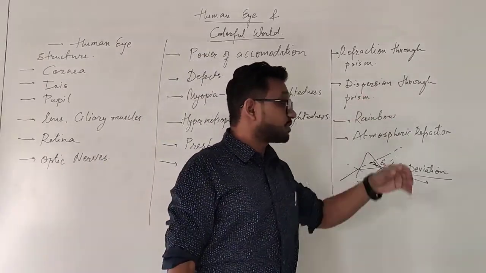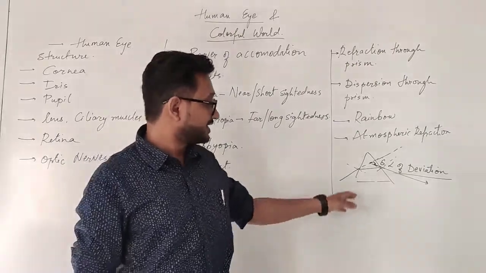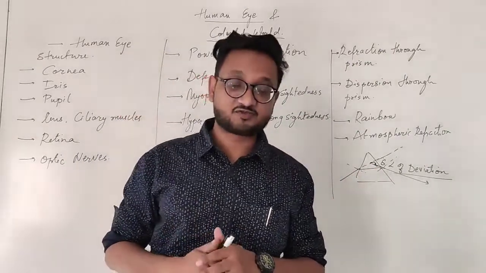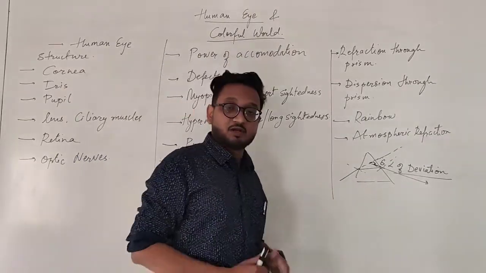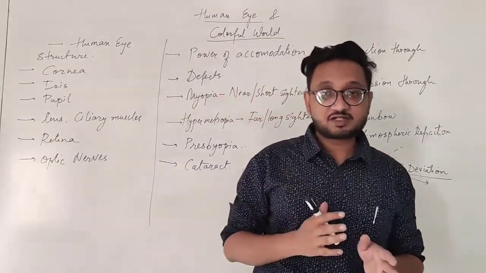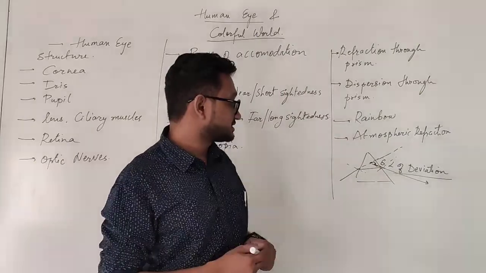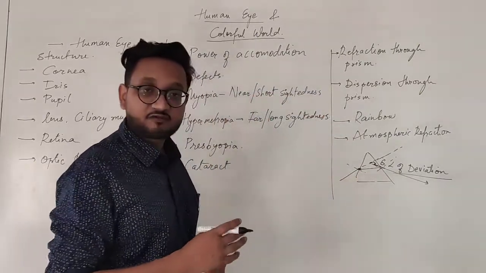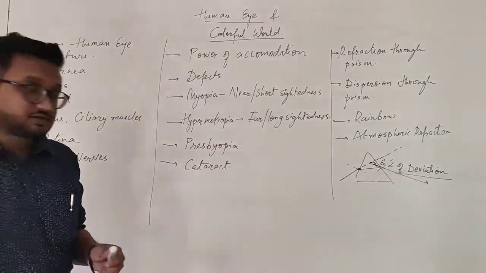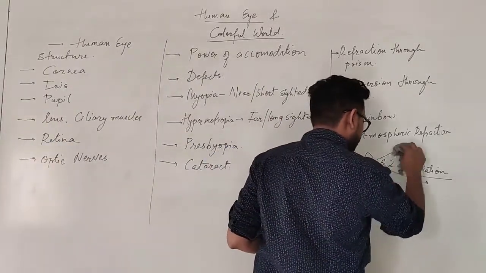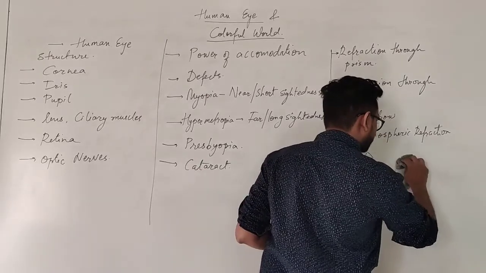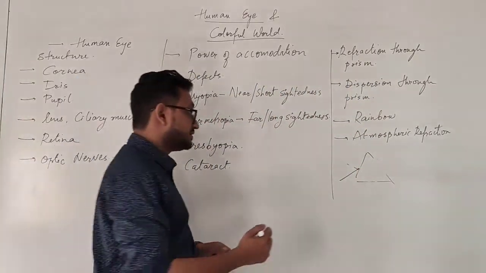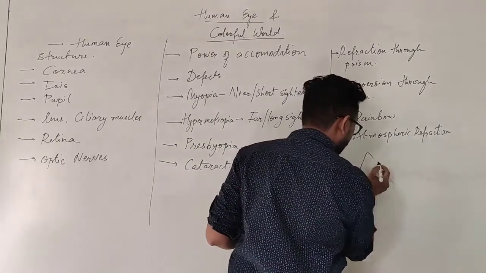The next is dispersion through a prism. We were talking about one single ray of light, but when a beam of white light enters the prism, because of the wavelength difference in all the different colors, as soon as the beam enters the prism, all the different colors are dispersed. They are separated from one single beam because of the variations in wavelength or frequency.